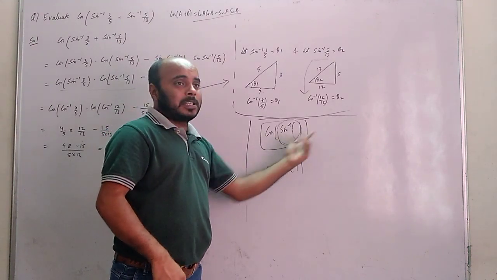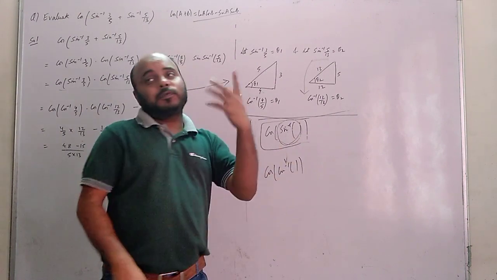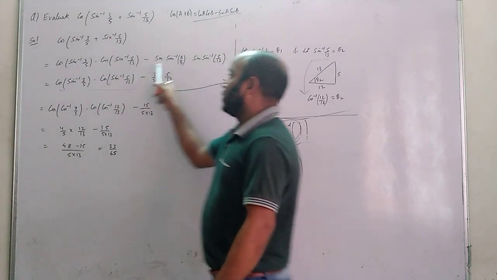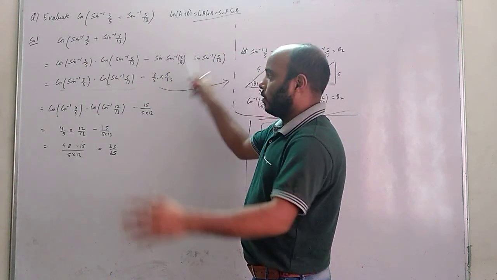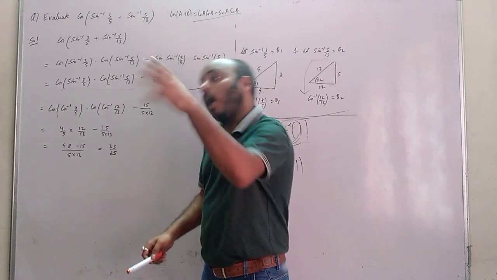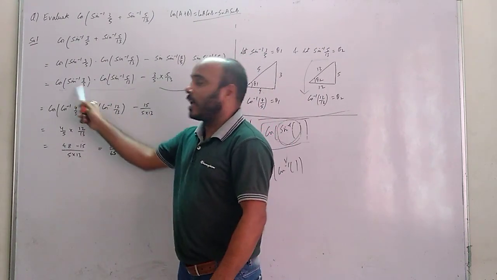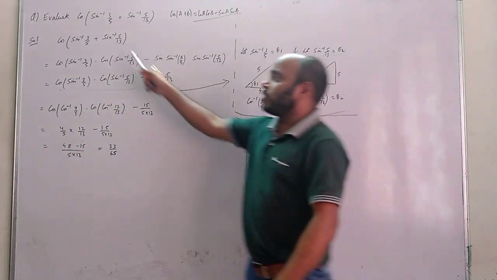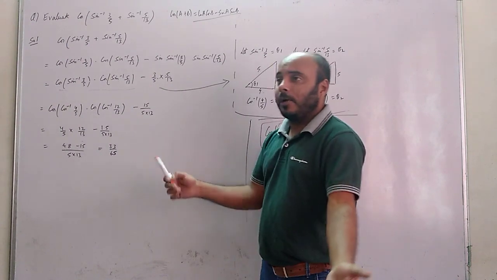Okay, so we have plus plus. Why convert? So for that we first opened it. Now at this point we understand that this becomes a formula, sine of sine inverse is gone. But here, what is happening? Cos with the sine inverse. Now we understand that we need to convert the sine inverse into cos inverse. Then we will go for the triangle method. At the first step, we cannot go for the triangle method. We don't have any idea.